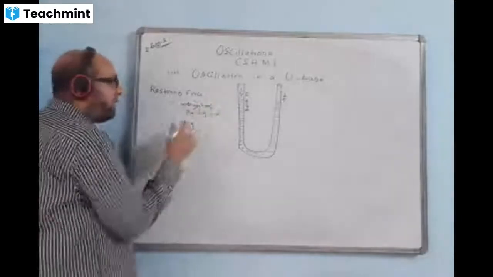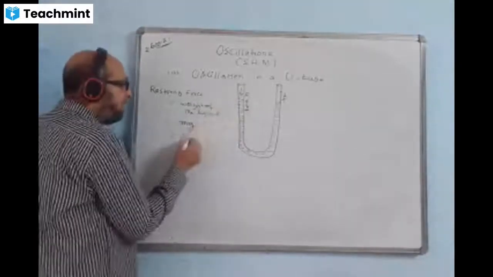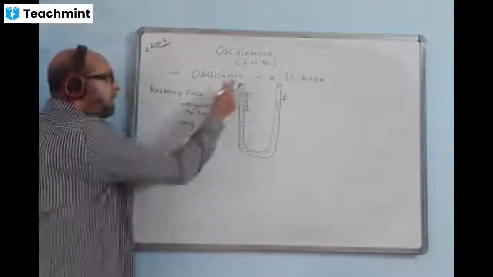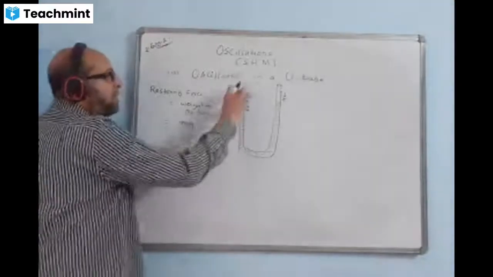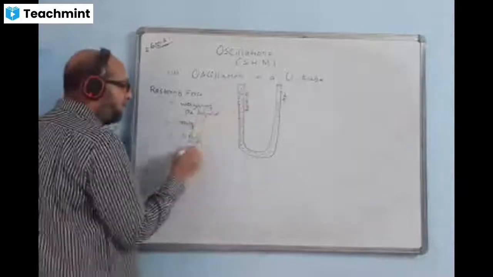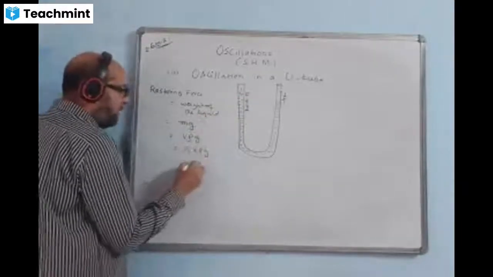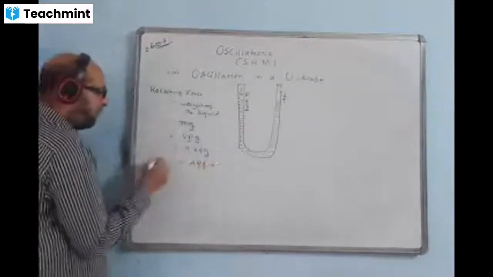Mass is volume into density, so volume into density of the liquid, rho, and g. For this volume, I write the area of cross section into the displacement. This is the weight of this liquid only, so A into x into rho g. Here A rho g into x is the value of the restoring force.